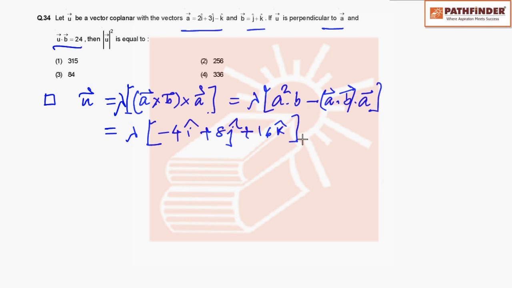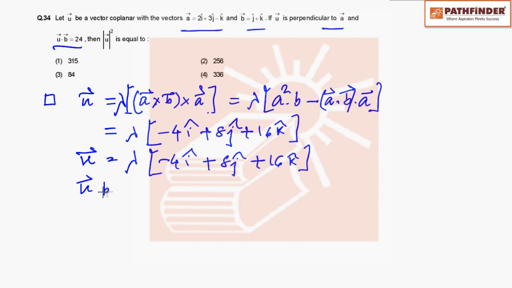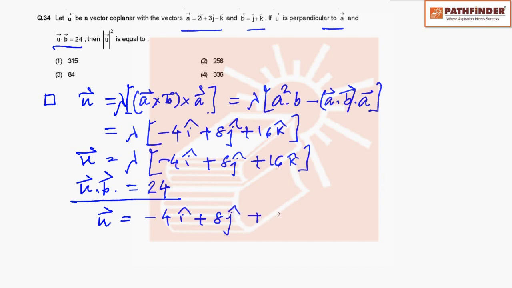So we can say U is lambda into minus 4i plus 8j plus 16k, and it is given that U dot B equal to 24. From that particular condition, we are getting U equal to what? Minus 4i plus 8j plus 16k. By using this method, we are getting lambda equal to 1.